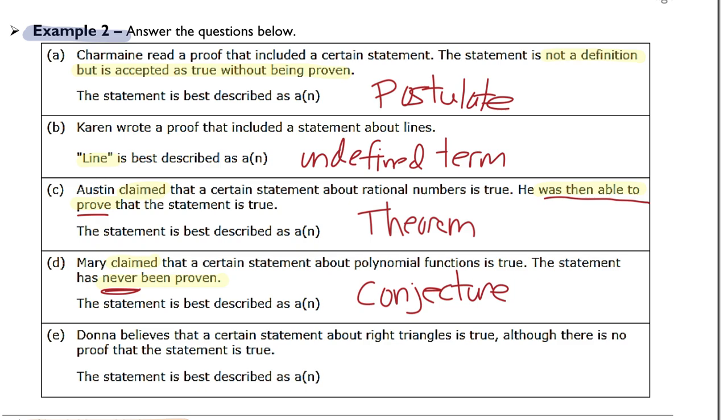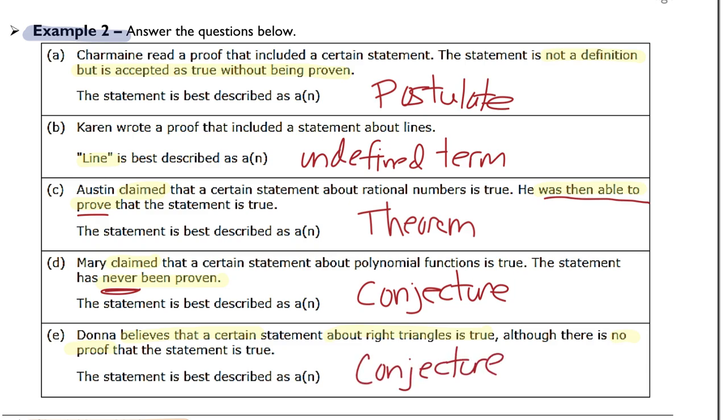Okay, the last one together, Donna believes that a certain statement about right triangles is true, although there is no proof. So she believes that it is true. So she's kind of making that conjecture about right triangles. But there is no proof, so this is still just a conjecture.